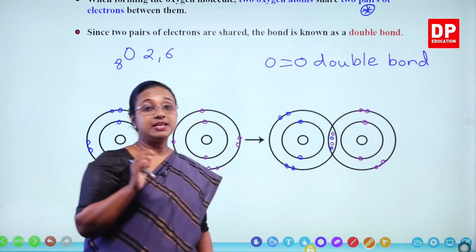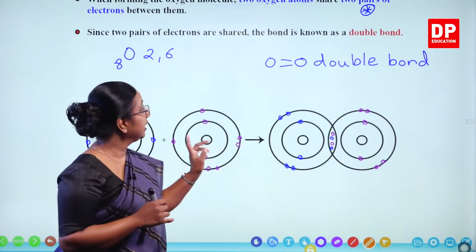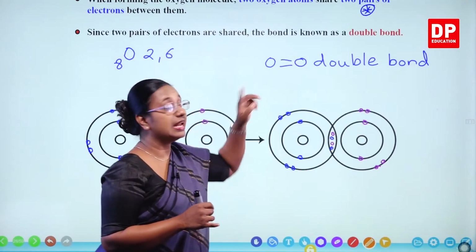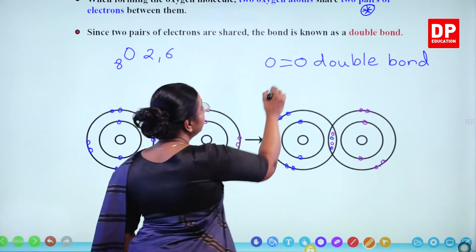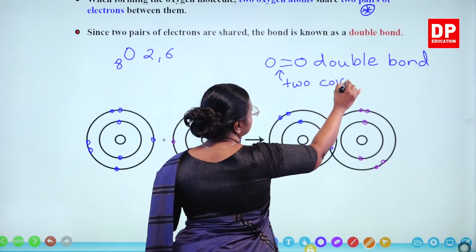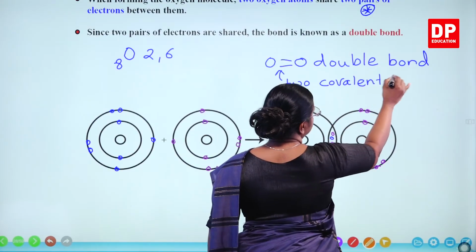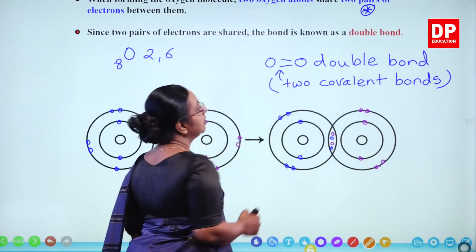We will be discussing how to write the structures of all these molecules. Here I have just indicated that there are 2 bonds, 2 covalent bonds. That is what we call double bonds.